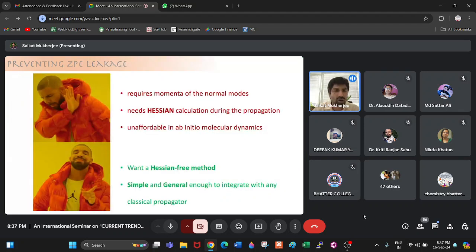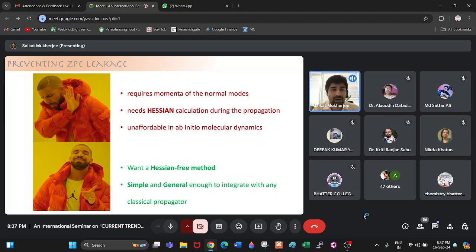But all the previous corrections till now require momenta of the normal modes. Why? Because what is zero-point energy? It is the h nu, right? The half h nu. And nu is the normal mode frequency. So you will need a Hessian calculation during all the propagation.